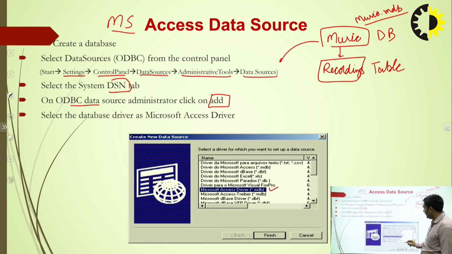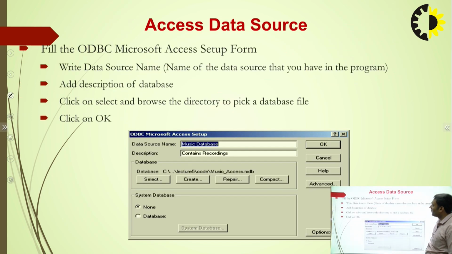So firstly, you will load the driver and then you will click Finish. After that, you will set this page. You will give the name to the database, music database, as I told you that we made the music database, and in the description we can say that it contains a table named recording.